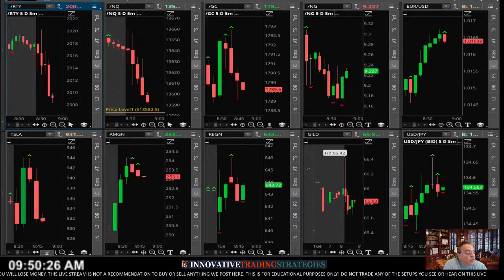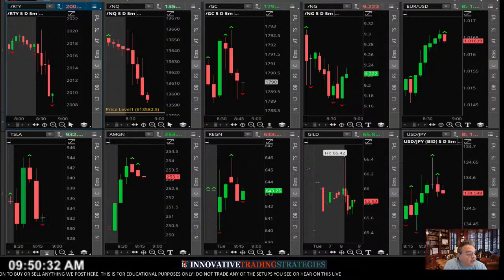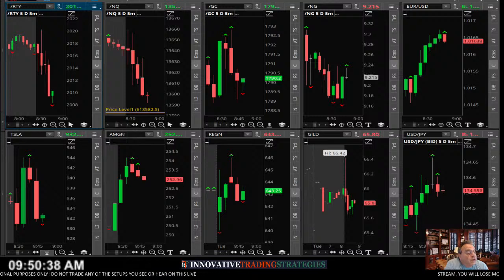Looks like we're getting a pullback on AMGN. Don't want to take it yet, though. Also getting a pullback on Tesla. Now, I can see Tesla coming back down here to 928.80. So we'll see if Tesla comes down to 928.80.